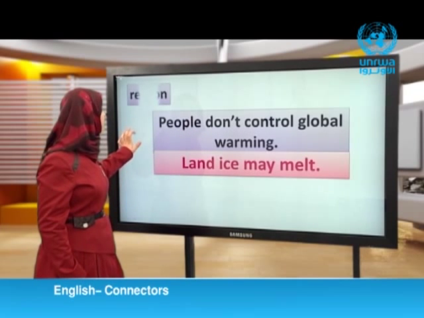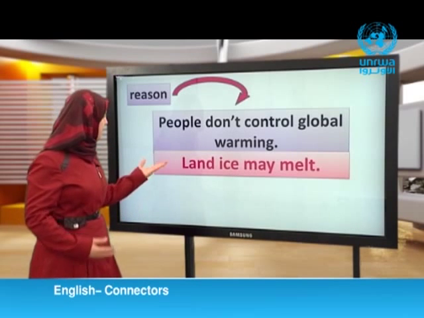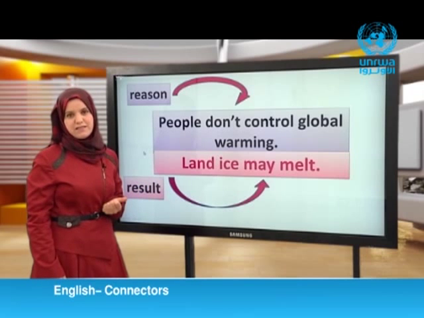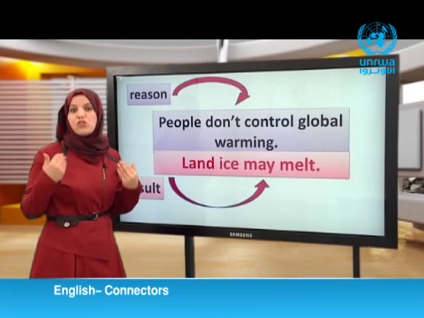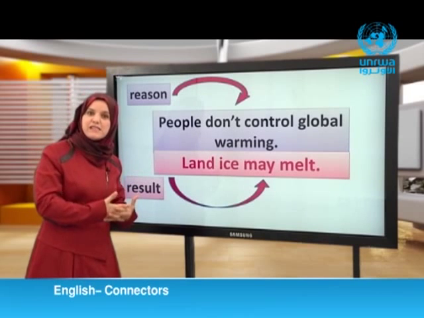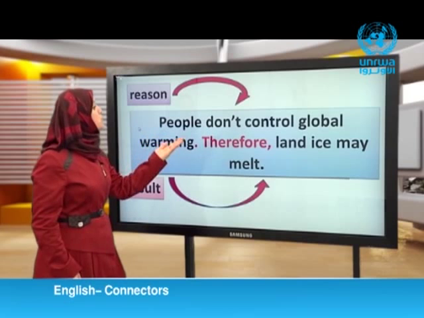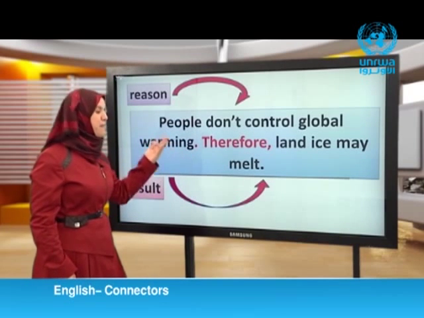This is the reason. Land ice may melt, and this is the result. And again, we can use therefore as we used so before to connect reason and result. Let's see the sentence. People don't control global warming, therefore land ice may melt.